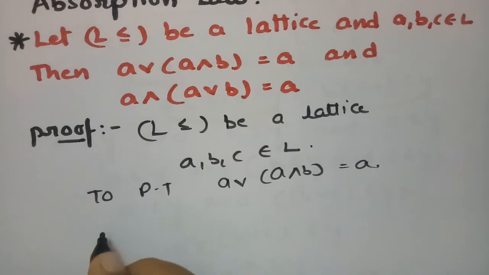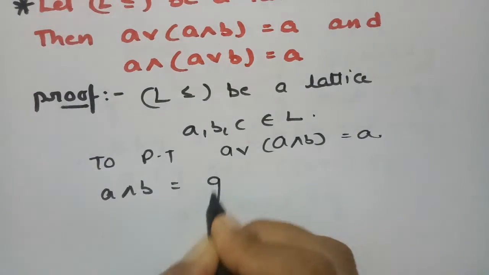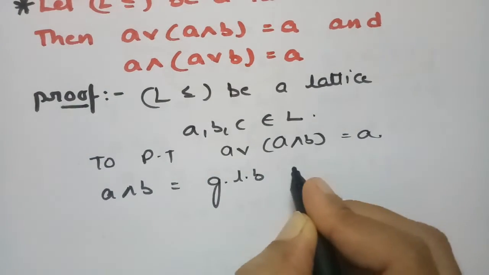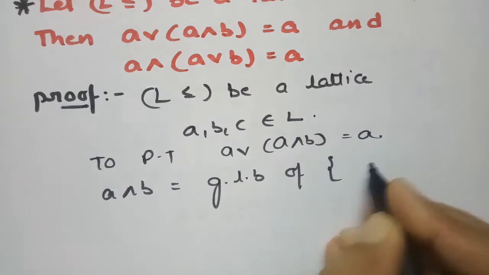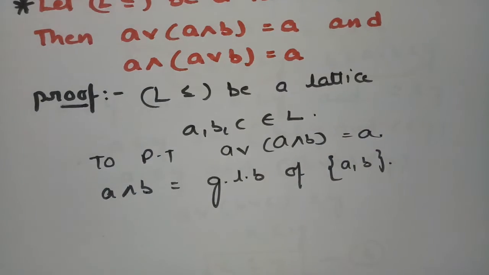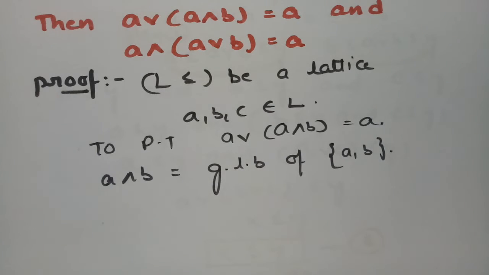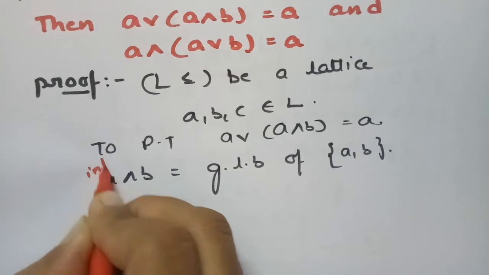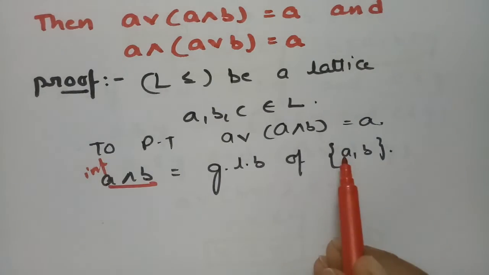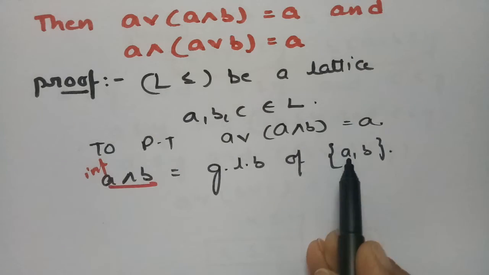And see here, what is A meet B? A meet B is nothing but the greatest lower bound of the set A, B. See here, this is A, B. The greatest lower bound is nothing but the infimum value here. So this value is nothing but the infimum for the set A, B. If this is the infimum value, see the relation between these two.